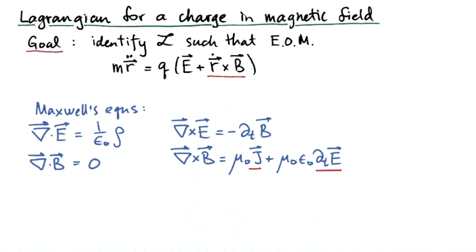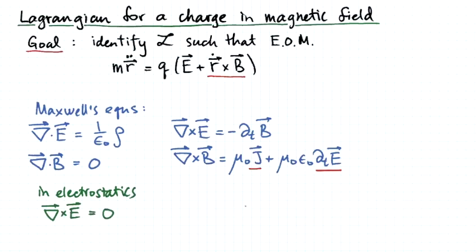In order to write the Lagrangian, we need to be able to represent fields in terms of potential. Well, we know how to do it in electrostatics. In electrostatics, the curl of electric field will be zero.